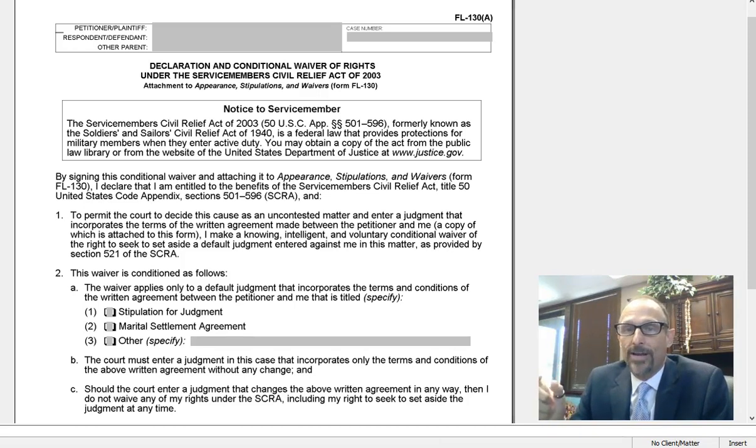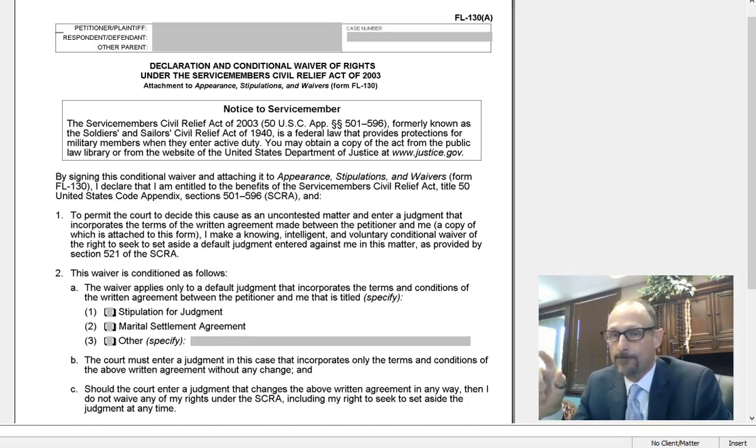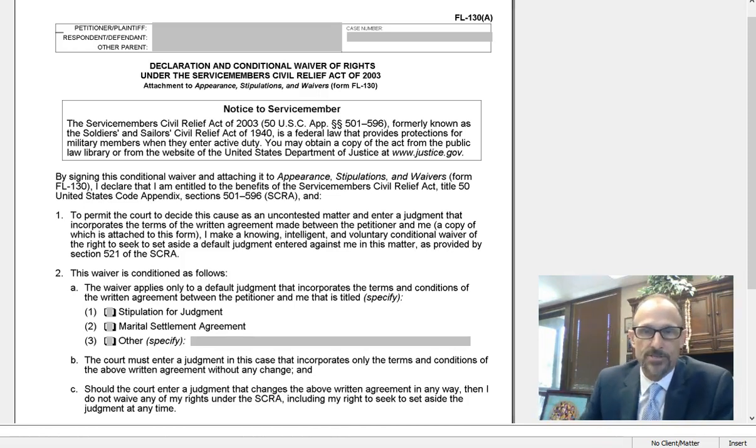I make a knowing, intelligent, and voluntary conditional waiver of the right to seek and set aside the default judgment entered against me in this matter as provided by Section 521 of the SCRA, which is the Service Members Civil Relief Act of 2003.